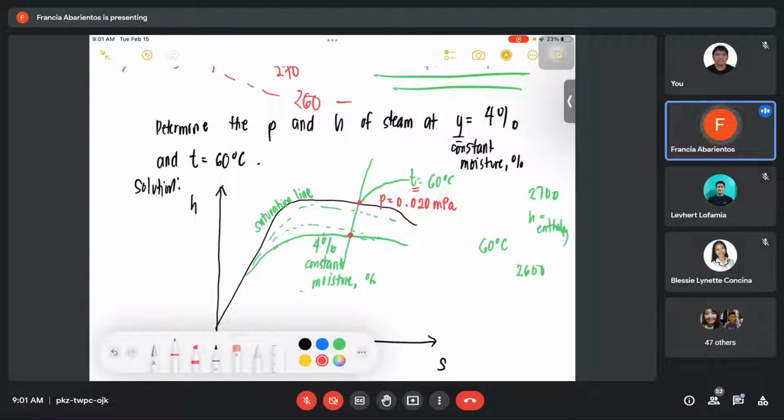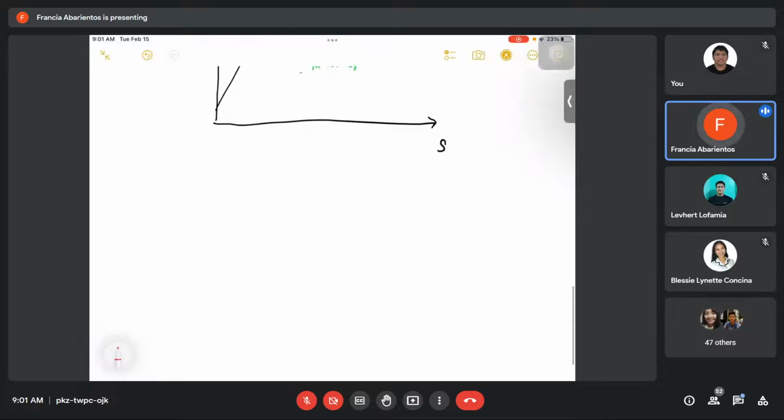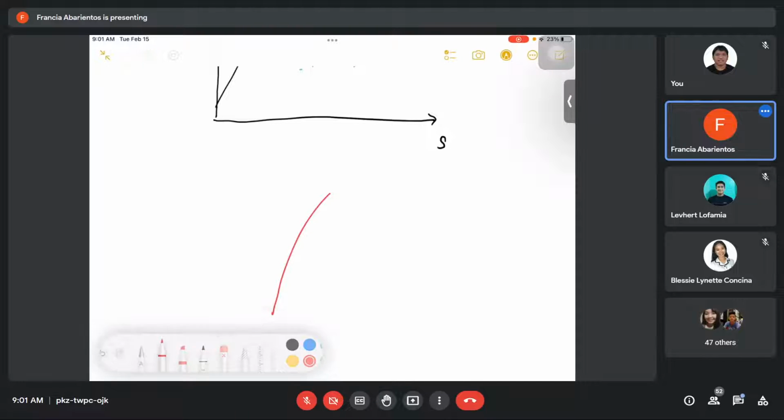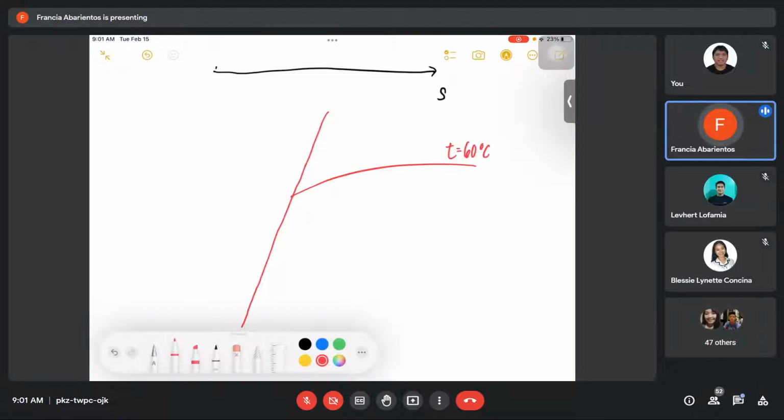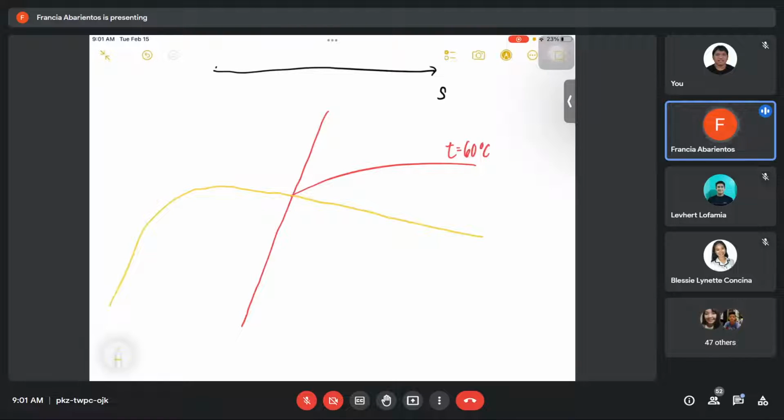Ayusin natin para makatotohanan. So, pag zoom mo yun, class, makikita mo yung 100. Para mas makita nyo, yung temperature natin is 60 degree. Nag-fall siya dito, class, sa straight line, kasi makikita nyo doon sa steam table yung saturation line natin. Pababa.